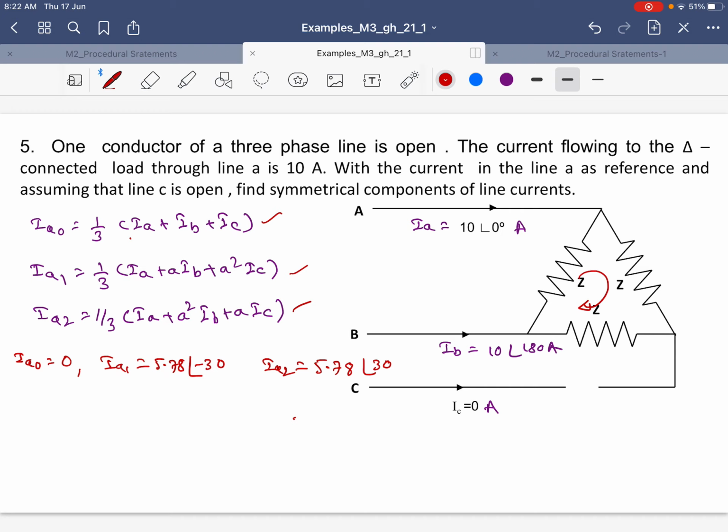This is how you get the positive and negative sequence currents. However, the zero sequence current is 0. Then make use of the relation IA0 is equal to IB0 is equal to IC0. Therefore, straight away I write IB0 is equal to 0 and IC0 is also 0.